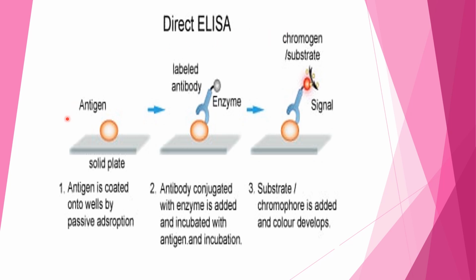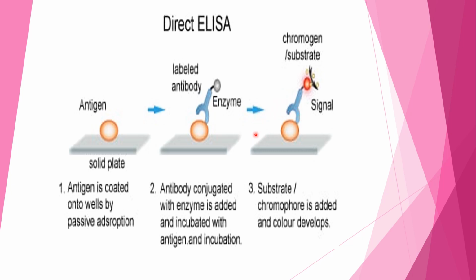In the direct ELISA, the antigen is coated to the surface of the microtiter plate wells with the process of passive adsorption. After the attachment of antigen to the surface of the plate, then a primary antibody which is conjugated with the enzyme is added.